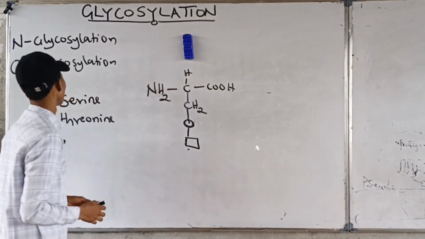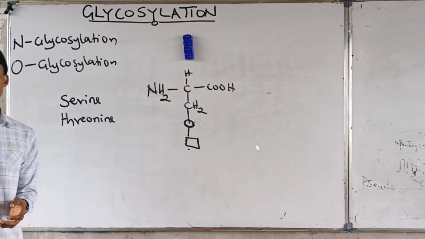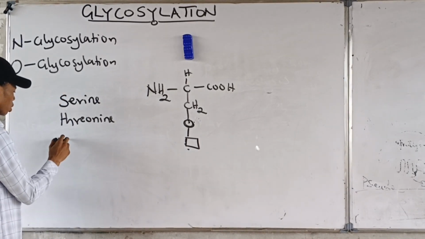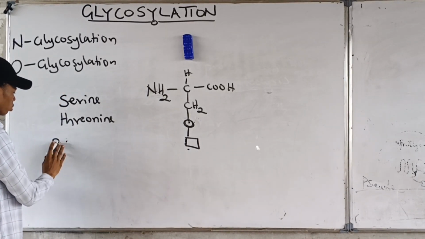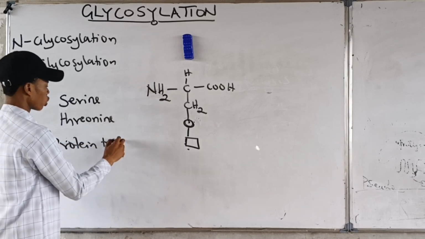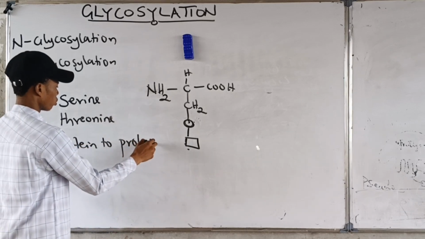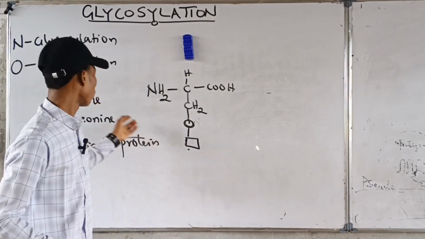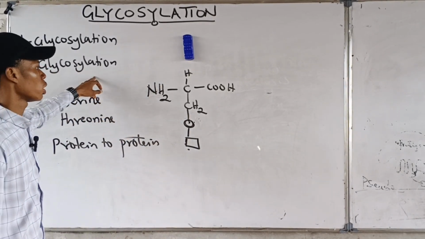Now, one function of O-glycosylation is that it is involved in protein to protein interaction or signaling. So we can say it's involved in cell to cell signaling. That's one function of O-glycosylation.